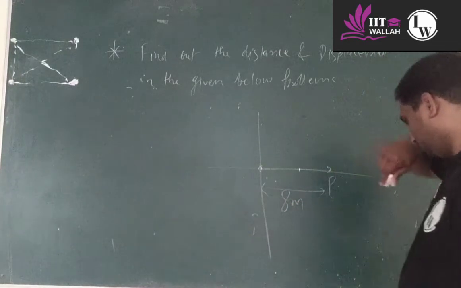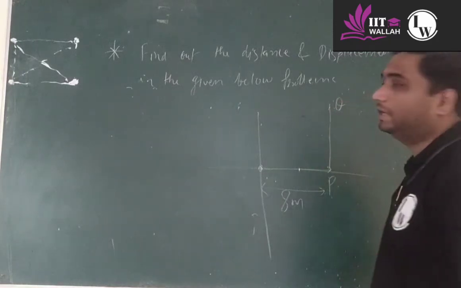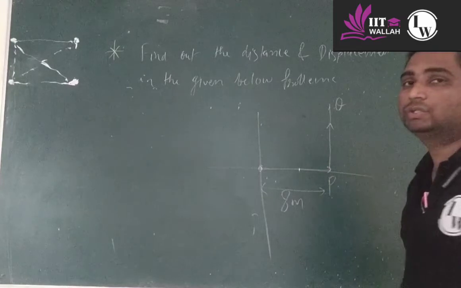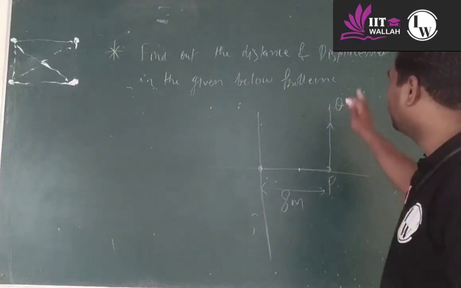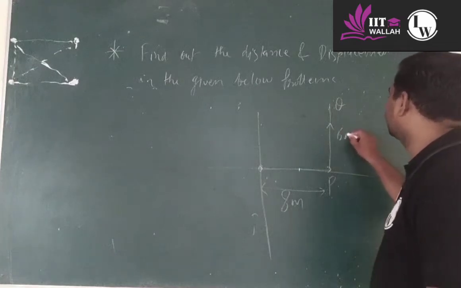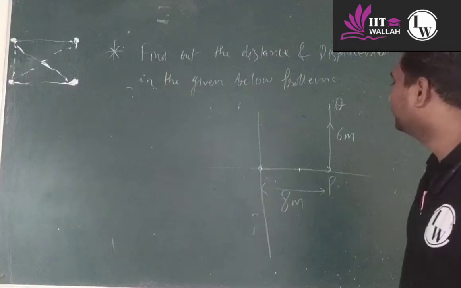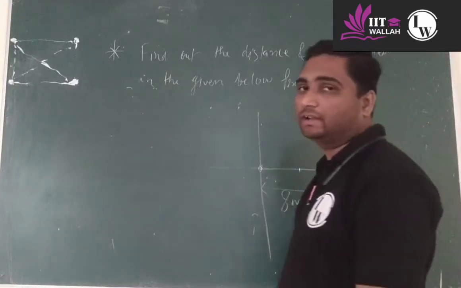Okay, 8 meter. And then goes to point Q in upward direction, in which he travels 6 meter. Then find the distance and displacement.